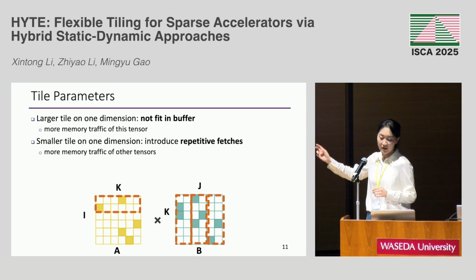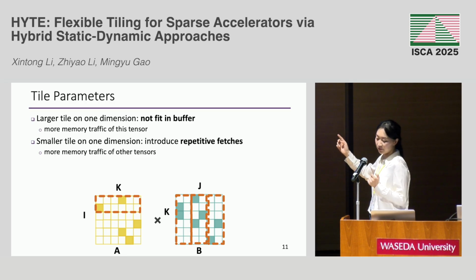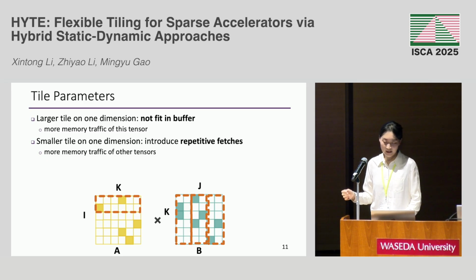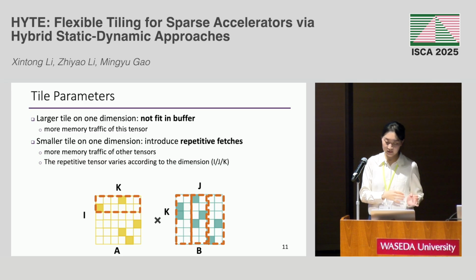For example, tiling along J leads to repeated access to tensor A. Note that the repeated tensors vary according to the tile dimension you choose. As a conclusion, we want to balance these two overheads.